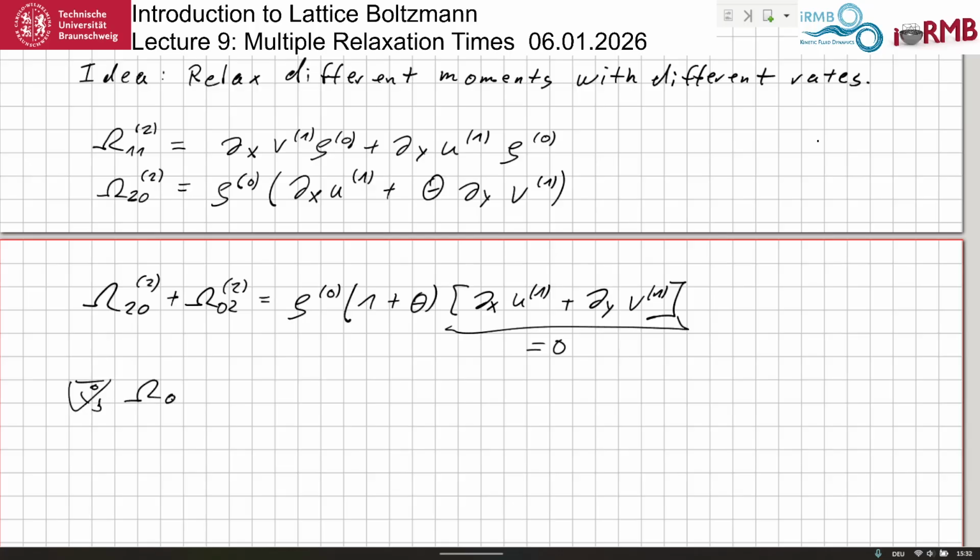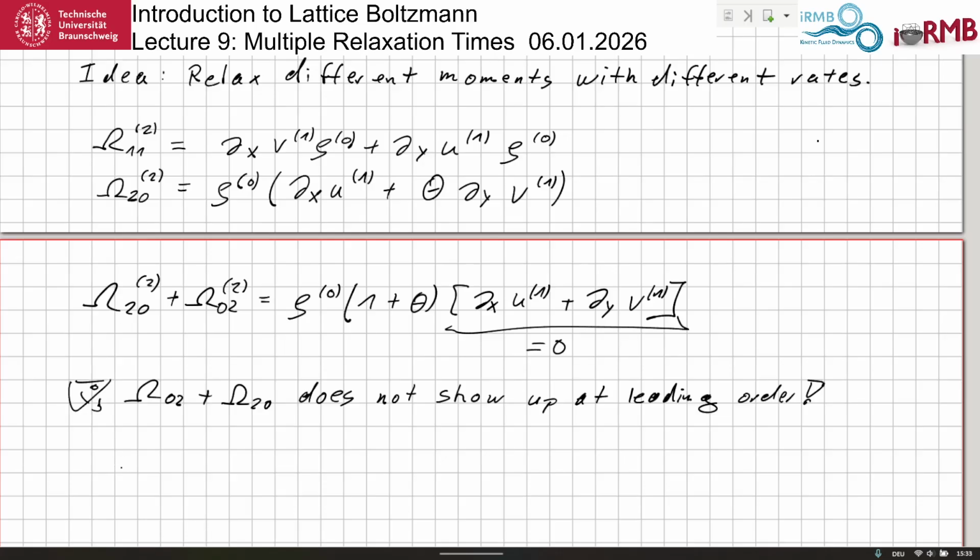So omega 02 plus omega 20 does not show up at leading order. So, they just don't show up together. So we have to do something else.